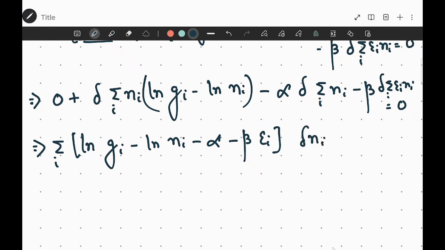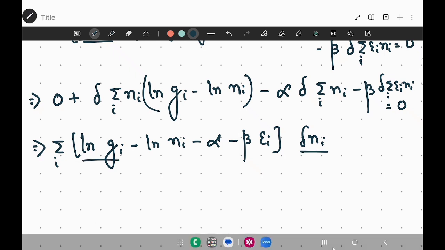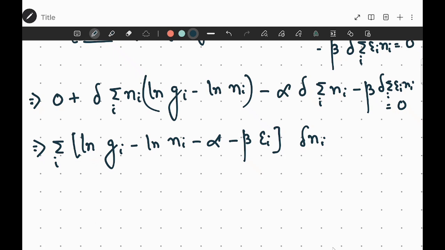Just check it; other things are there, only dni is there. Is it correct? No, it's not correct. Just check it again. Gi is okay, this means ln gi into del ni. Beta epsilon i is there.